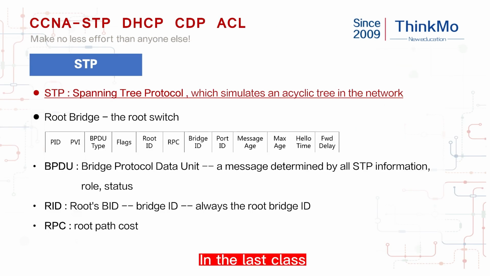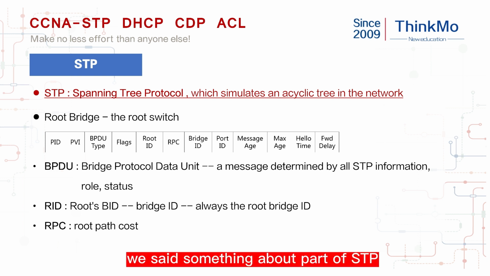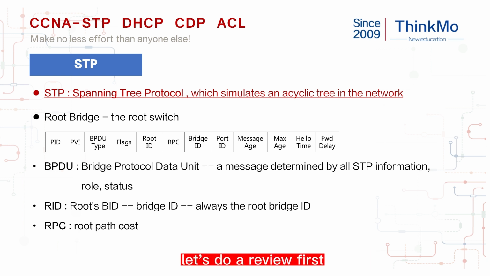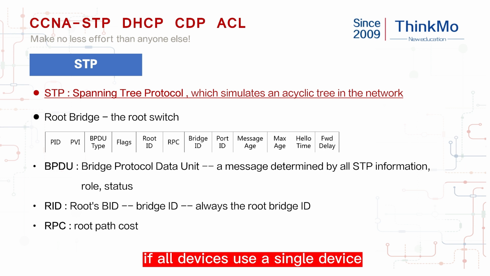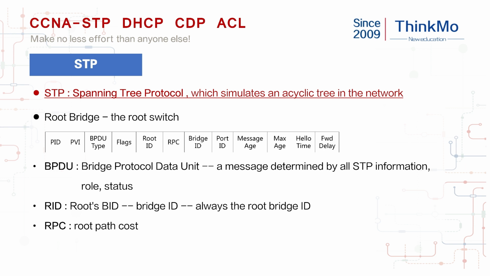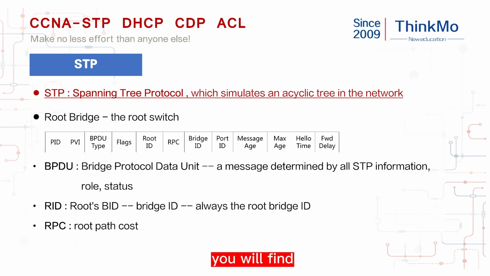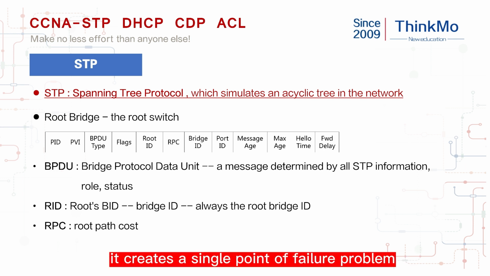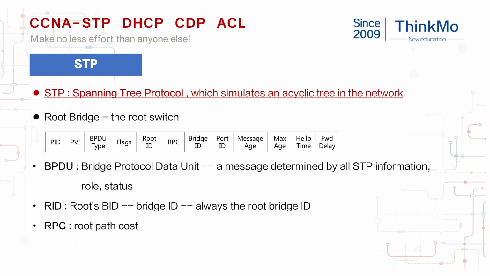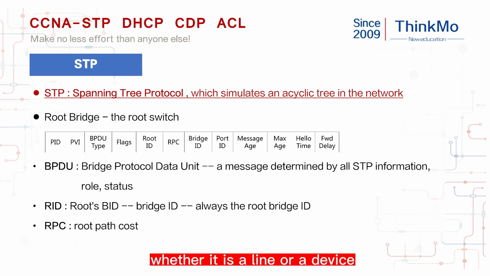In the last class, we said something about part of STP. Let's do a review first. We said it before. In the network, if all devices use a single device, then the single line is connected to another device. You will find it creates a single point of failure problem, whether it is a line or a device.